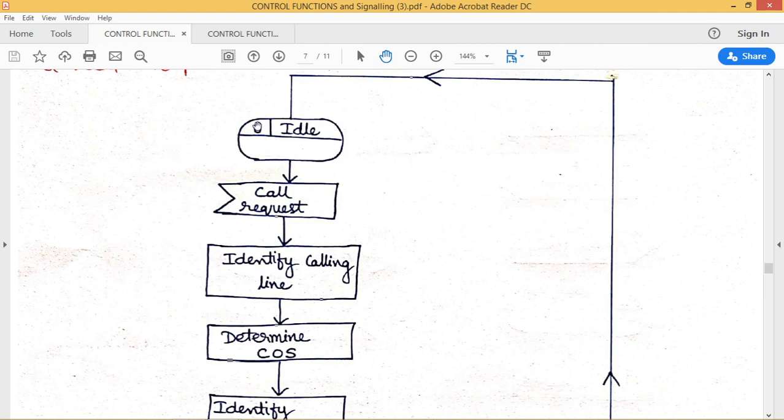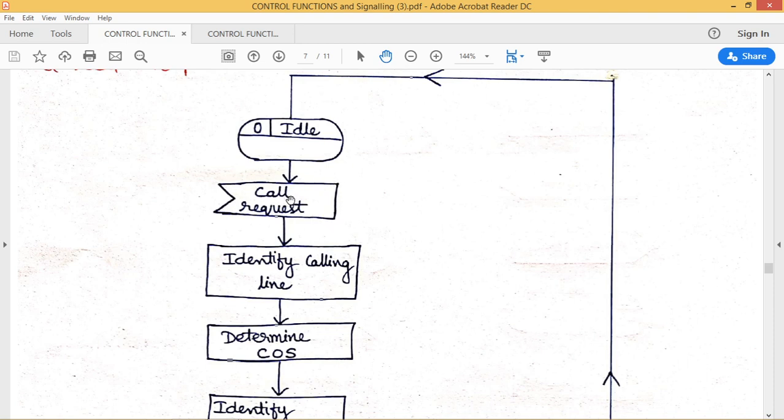So once it is in idle, we know the calling person goes off hook and he starts sending the C signal or call request signal to the exchange. So that is what the event box is, and of course since the signal is sent from the calling person to the exchange, that's why the inward arrow is placed. So that is what call request.